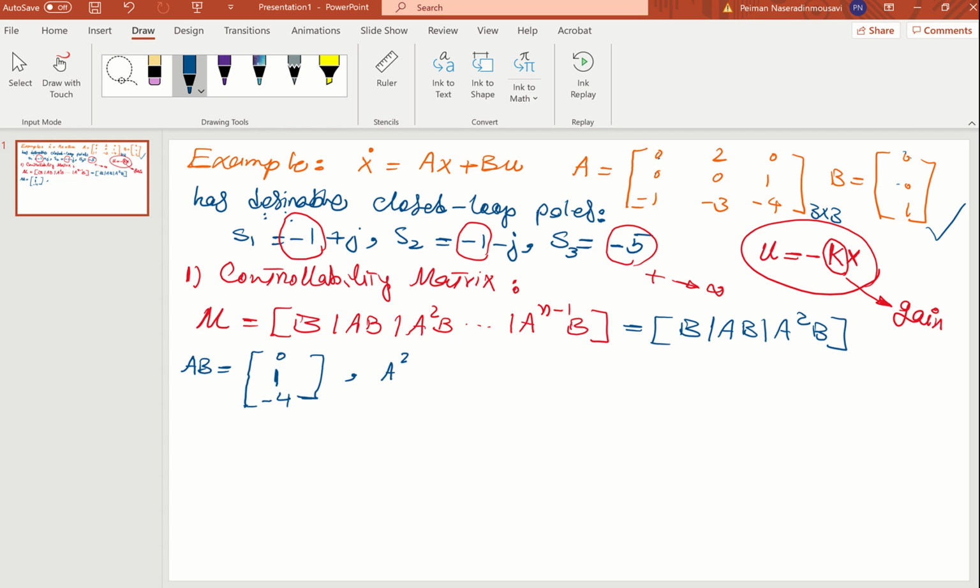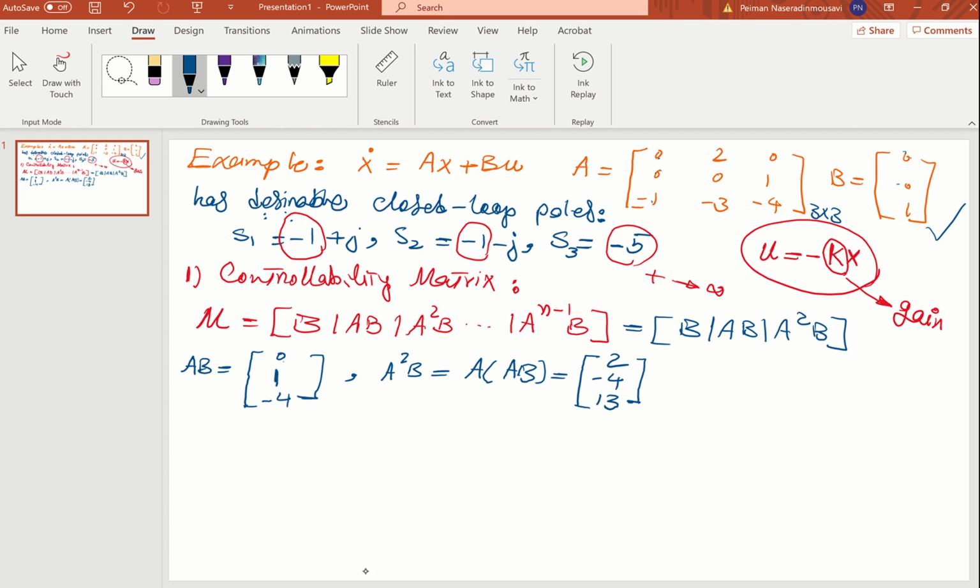And A squared B, which is A times AB, that's right, is going to be another column vector. So it's A multiplied by this 0, 1, -4, so you're gonna have 2, 0, 0, -4. Here we go, and 0, -3 plus 16, so it's gonna be 13.